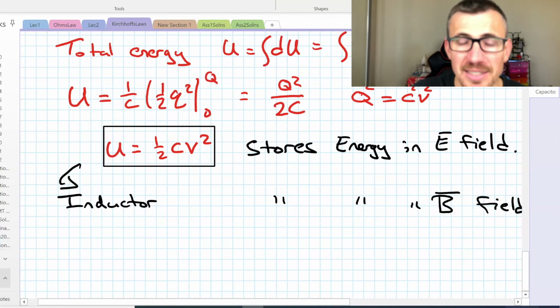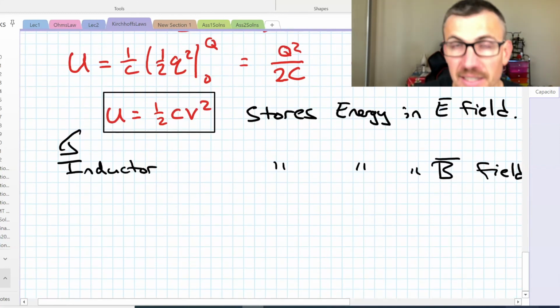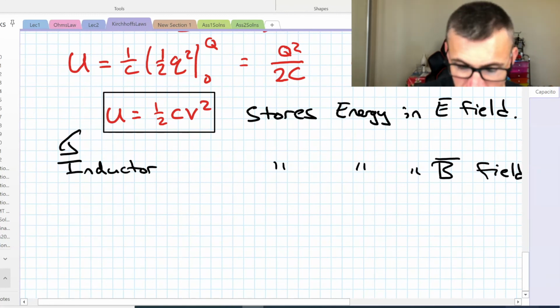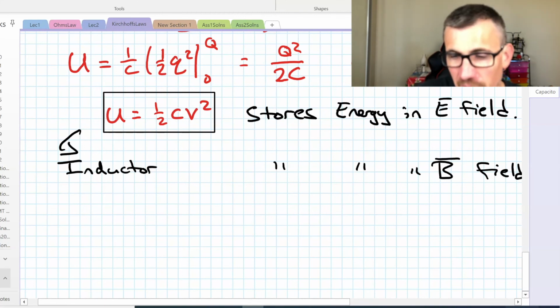And just like there was capacitance, we have inductance in electricity and magnetism. Inductance is basically the fact that if we change our field, we collapse a magnetic field, that creates an EMF or a voltage. So a changing magnetic field will drive an EMF, which will create a current, which will create its own magnetic field.